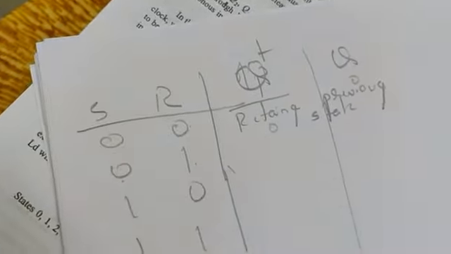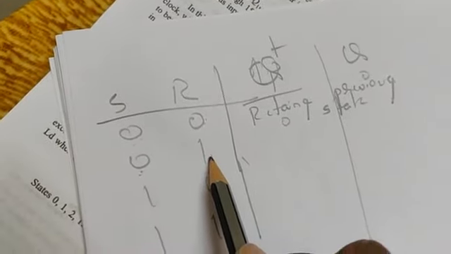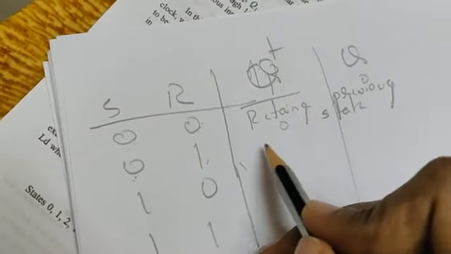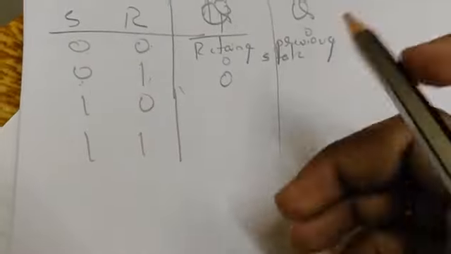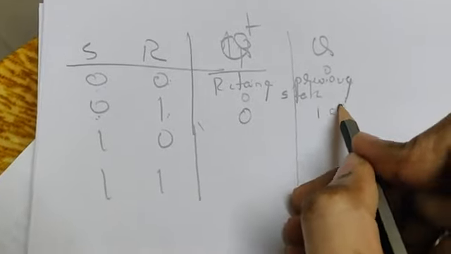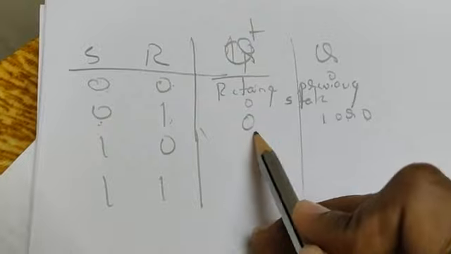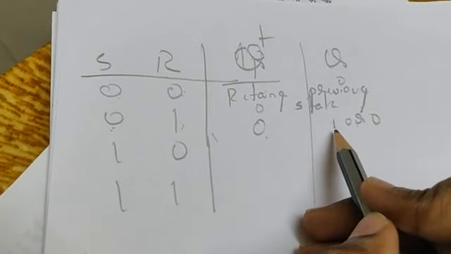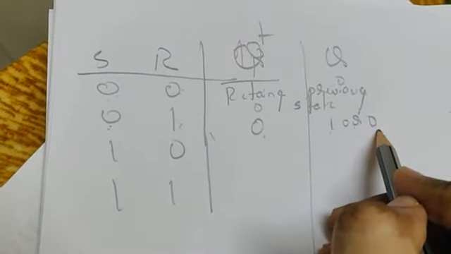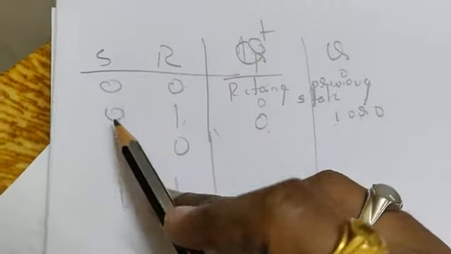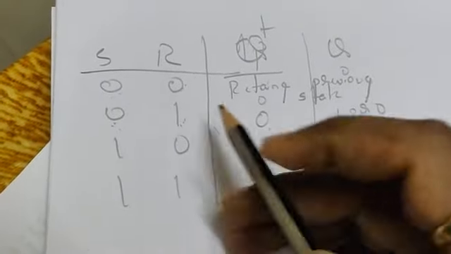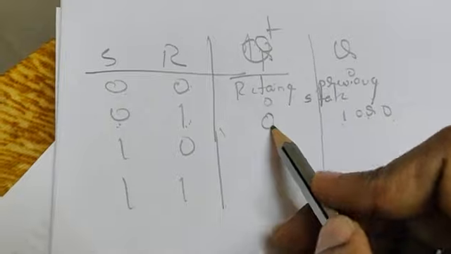So for 0 and 1, the reset state, it will completely reset the flip-flop to 0, like clear, even though the present state is 1 or 0. So the next state will be 0, no matter whether it was 1 or 0. It doesn't make any difference. When S is equal to 0, R is equal to 1, reset, the output will be 0 itself.